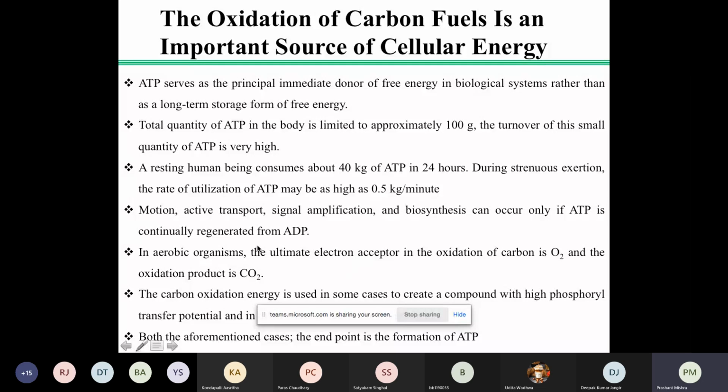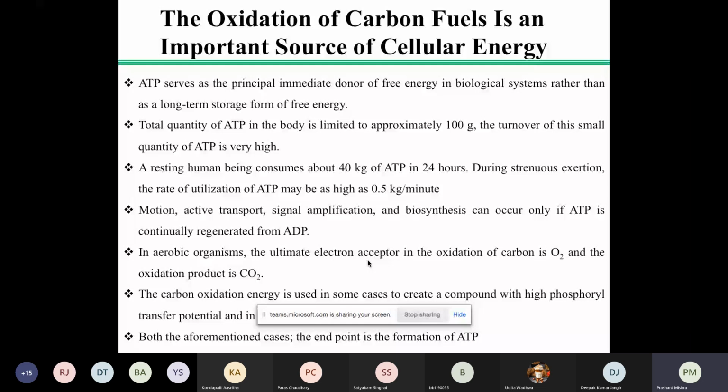So the molecule having high phosphoryl group transfer potential is synthesized by a reaction created by the aerobic organism through the electron transport mechanism. And this electron transport mechanism is coupled with the oxidation process, oxidation of carbon, and that is where CO2 is being produced and ATP is being generated. So it is cellular respiration. Much more detail we will talk about in the next few slides or in the next couple of lectures.